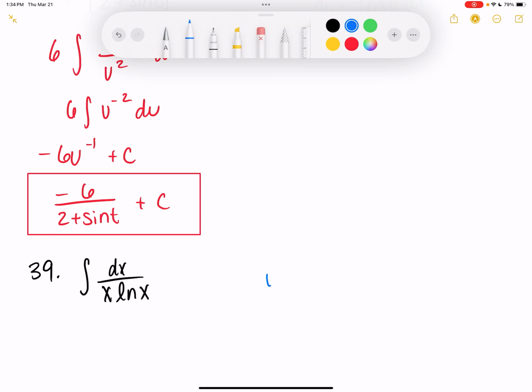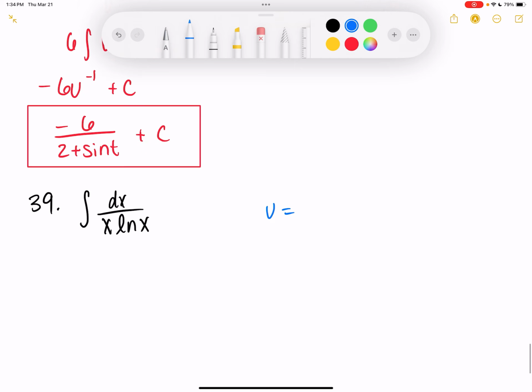Ideas for you? Yep, ln x. Then what's du? 1 over x dx. Do I have that? Yes. So I have the integral of 1 over u du.